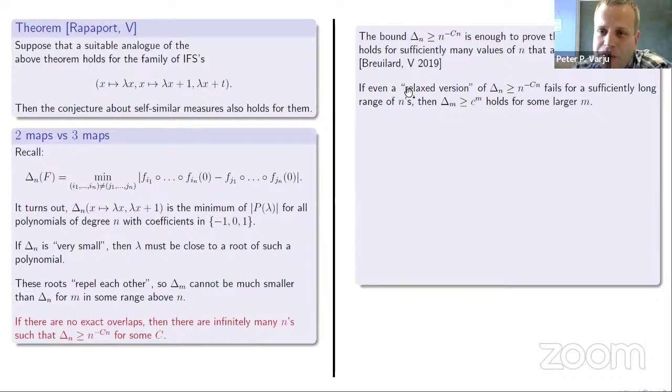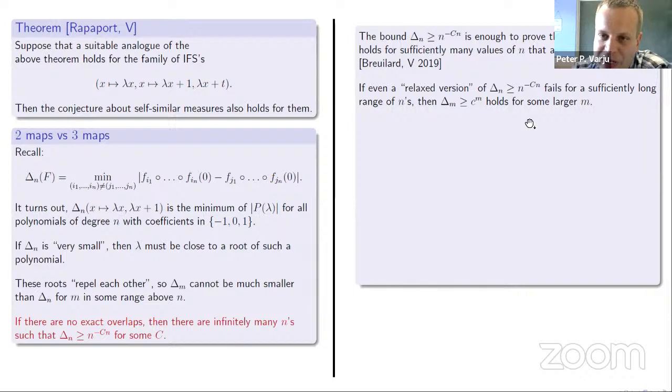Okay, so now what can be done is that if a relaxed version of this constraint fails for a sufficiently long range of n's, then you can actually improve on your bound, and you can show exponential separation for some larger value of m.